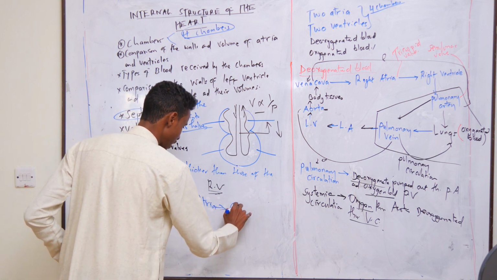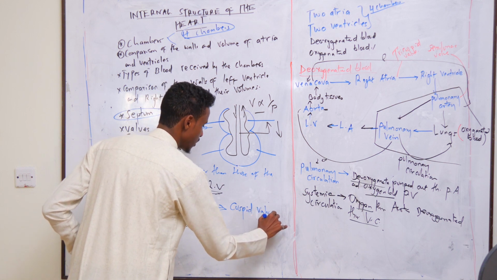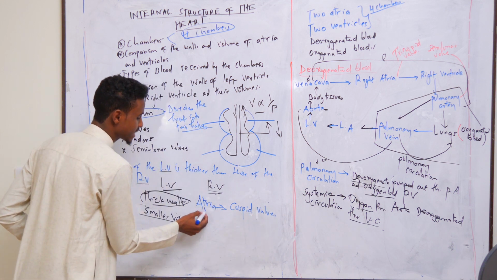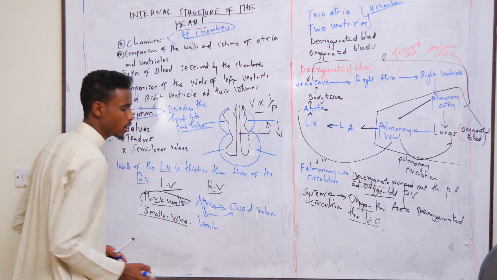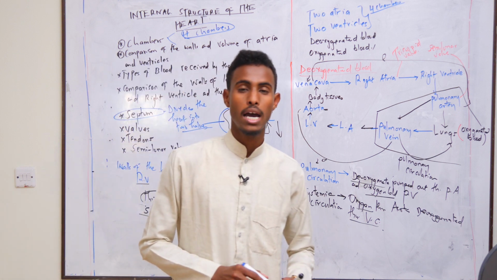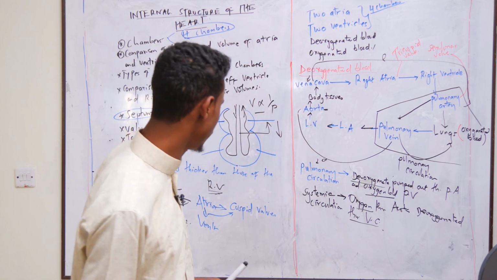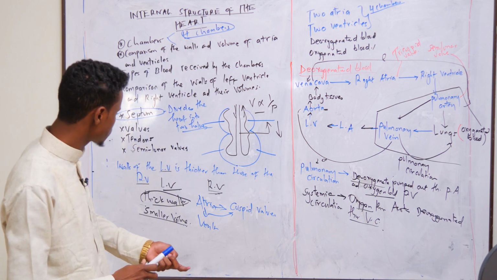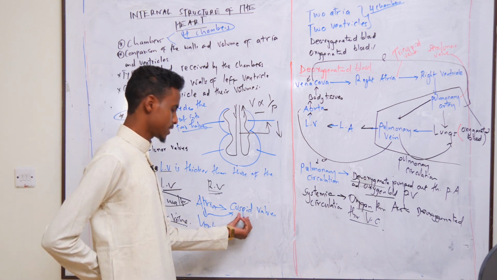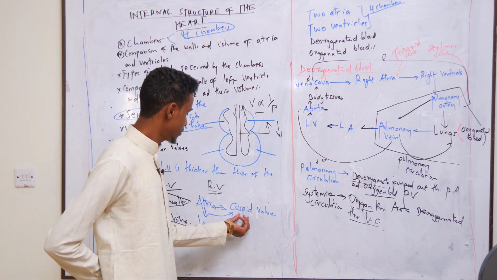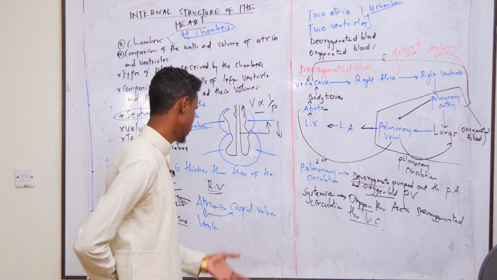The valves found between the atria and the ventricles are called the cuspid valves, or rather the atrioventricular valves. Now, what do these atrioventricular valves do? They prevent backflow of blood into the atria when ventricles contract, right?